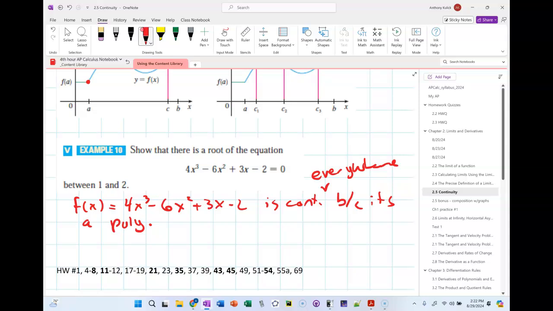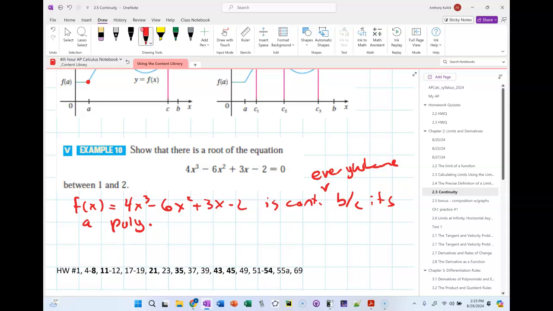If I'm looking for a place where it has a 0, a solution, that's where the y-coordinate is 0. So if I find an x between or including 1 and 2 that's negative and a y that's positive, then I know somewhere in between there we had to cross the x-axis and we have a 0. That's what the intermediate value theorem is going to do.